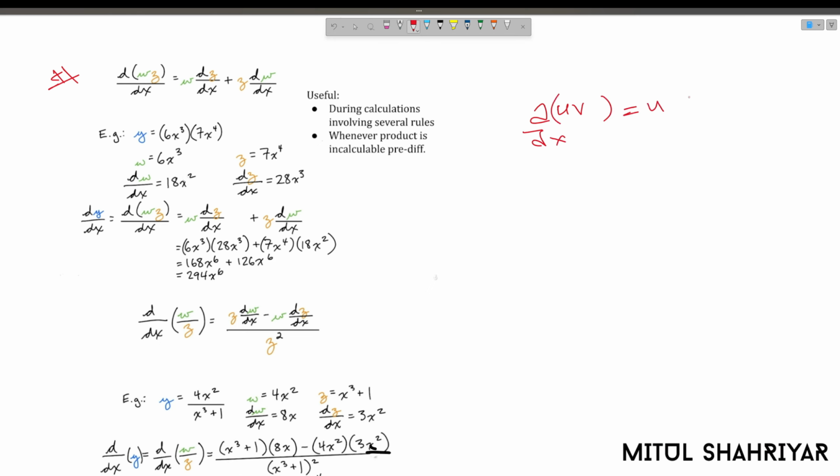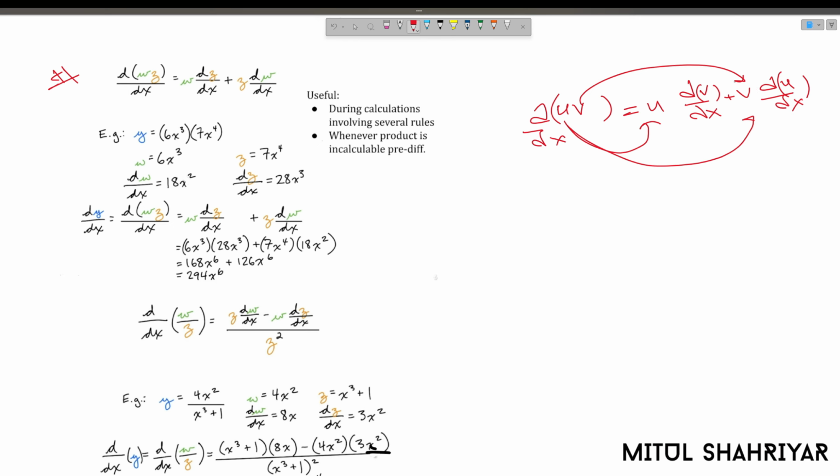So we call it u dv/dx plus v du/dx. That means we consider one of the variables as constant. For example, here we have thought of u as constant, and then we've done differentiation only on v. And here we have considered v as constant, and we have done the differentiation only on u.